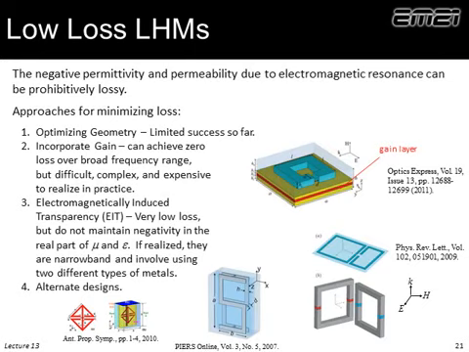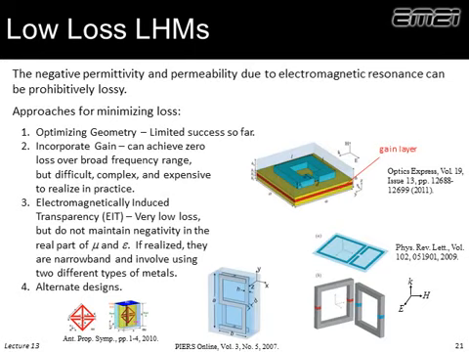Usually the metallic elements are very lossy, so there is a lot of work now to realize left-handed metamaterials that don't have the same loss. So how are people doing that? Well, one is just coming up with better resonators that are a little bit more efficient, optimizing the geometry. And in my experience, that has had somewhat limited success so far.